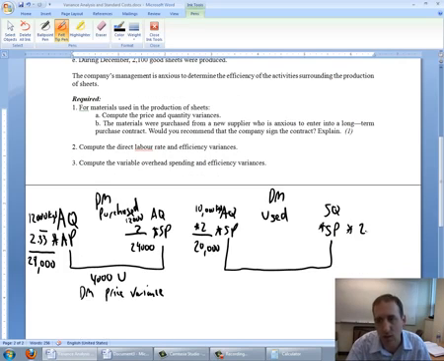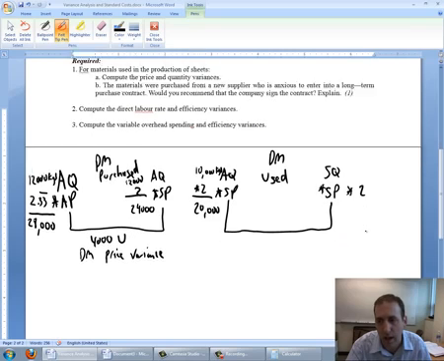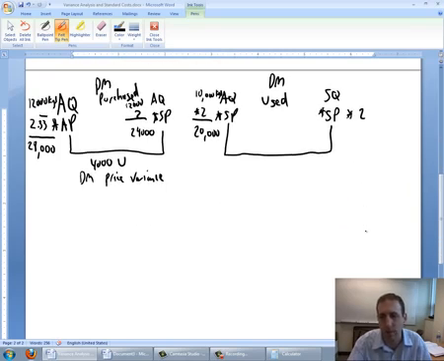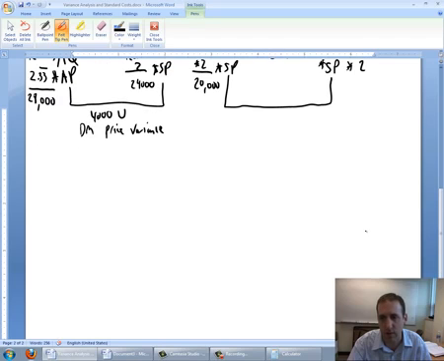Standard quantity is also called standard quantity allowed, and I always answer it by filling in the blanks in this sentence. Here's the sentence I write every time.